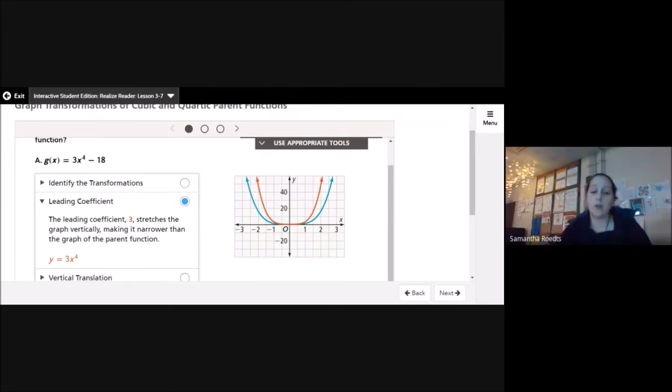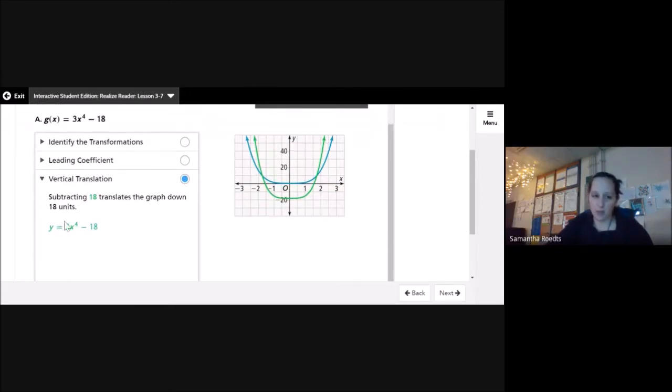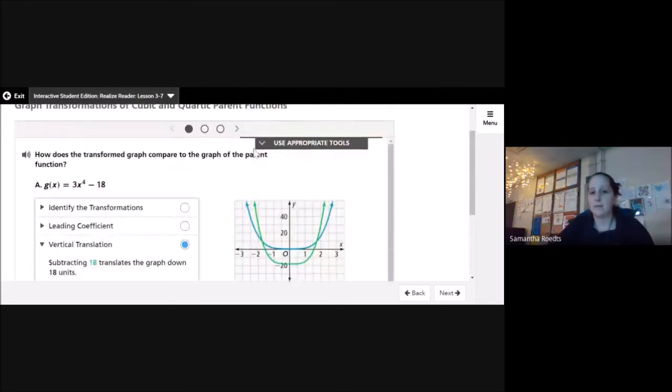And then a vertical transformation, subtracting 18, translates the graph 18 units down.